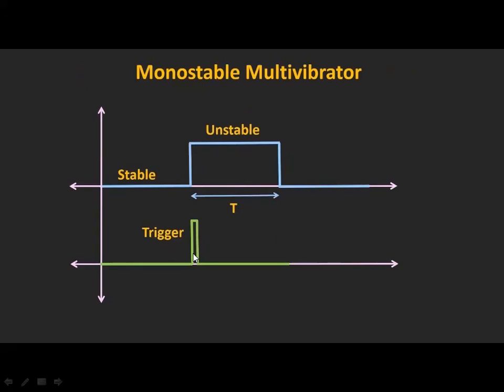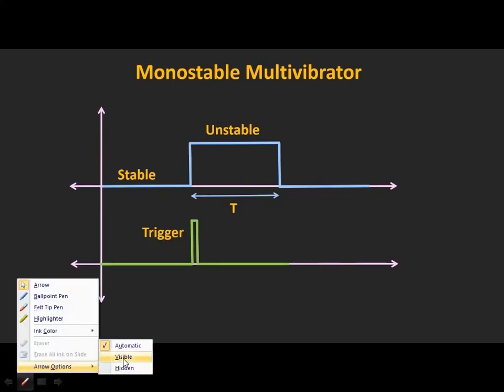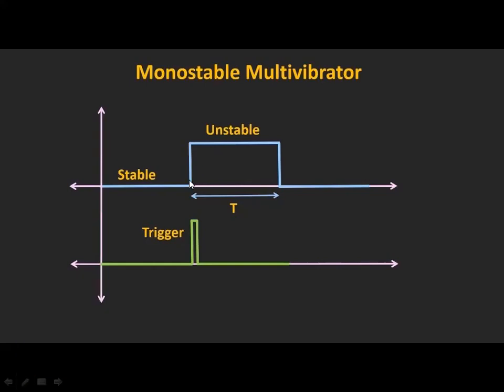When a trigger signal, a short duration pulse waveform, is applied, the state changes. That is, the output changes from zero level to high level. In this way, the monostable has its high level for a certain time period only.